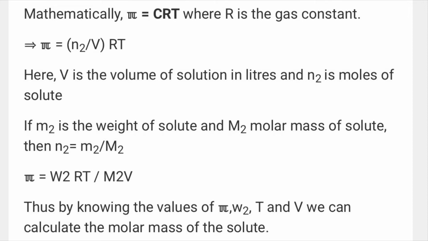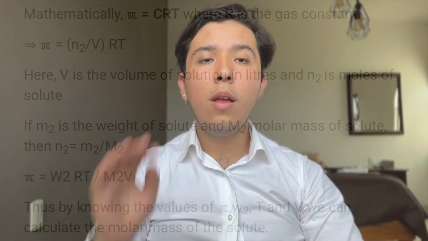And if W2 is the weight of solute and M2 the molar mass of solute, then n2 equals W2 divided by M2. Thus, by knowing the values of P and W2, temperature and volume, we can calculate the molar mass of the solute.